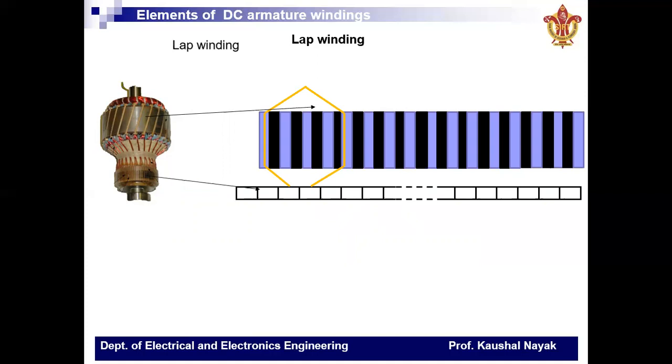Note that the two coil ends, one from the top coil side and the other from the bottom coil side, are connected to adjacent commutator segments.